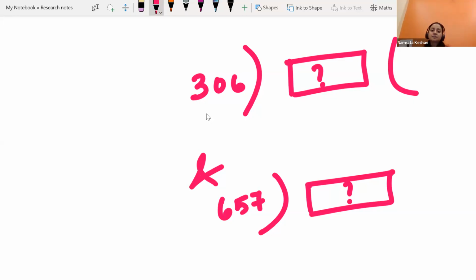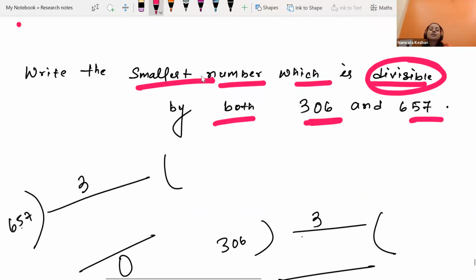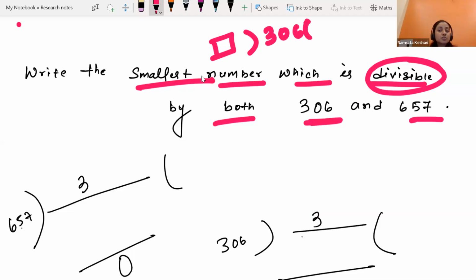Getting it? If I write the same question this way, what is the smallest number which can divide 306 and the same number which can also divide 657, then we would have thought about HCF. 3 is the bare minimum, the smallest number which can divide 306 and 657 also.